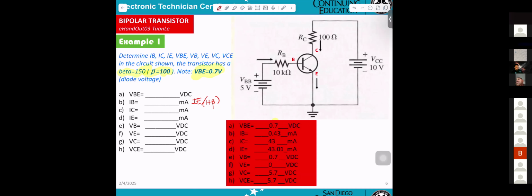Okay, I see what you say. When you do the calculation with IC divided by IB, 43 milliamps divided by 0.43 milliamps, that comes out to 100. That's why I was asking. Thank you, that's a typo.